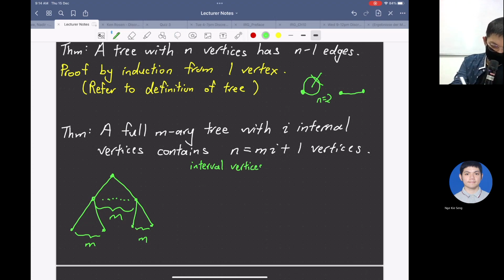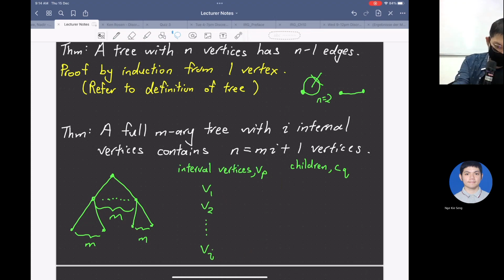So we've got v1, v2 up to vi, and then the children we put as c. Maybe let me draw it.